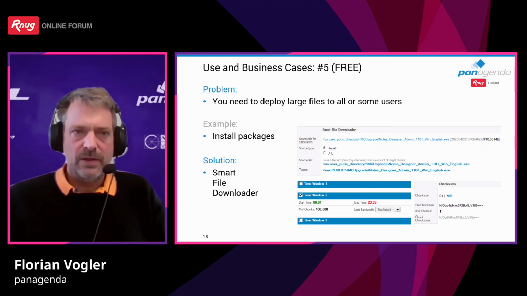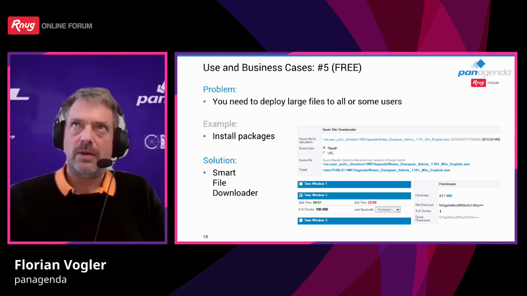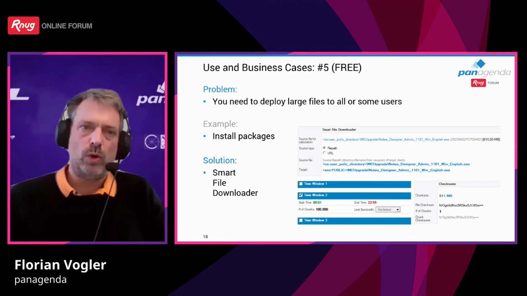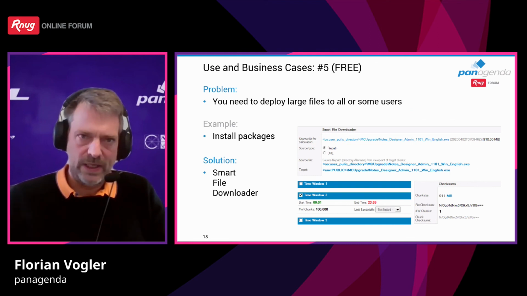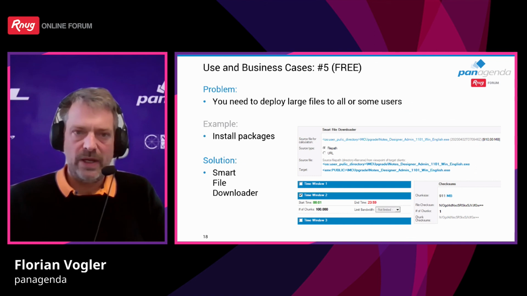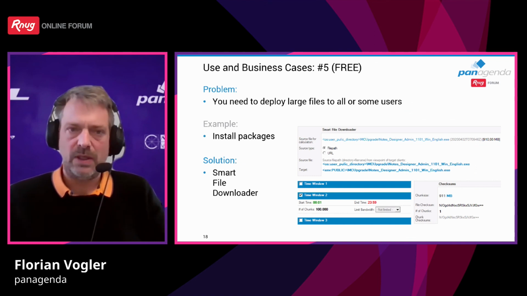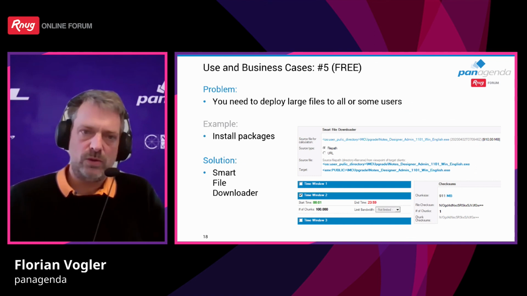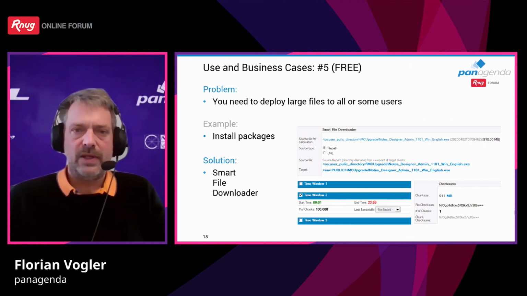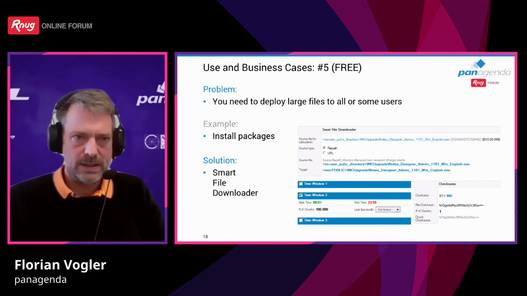User business case number 5 would be the necessity, for example, to deploy very large files to all your end users. So think of it this way, that you have an upgrade package, like in this particular example, you want to deploy the Nodes admin and designer package to all your Nodes users. And that package has close to 1 gigabyte in size.